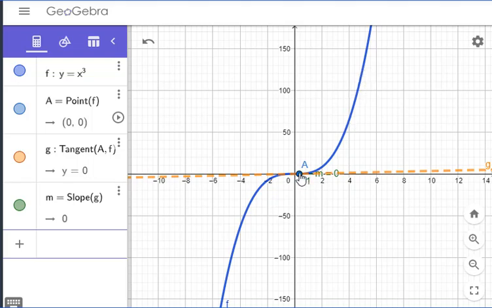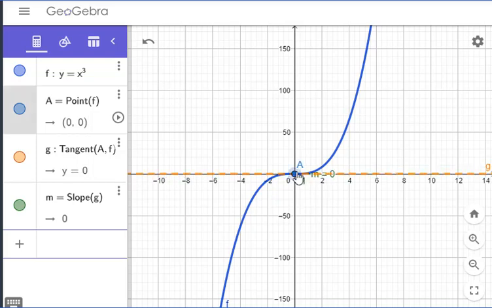We call the point that connects from concave up to concave down or from concave down to concave up an inflection point. At this point, the second derivative equals 0. When the first derivative equals 0 and the second derivative equals 0, we call this point a stationary inflection point.